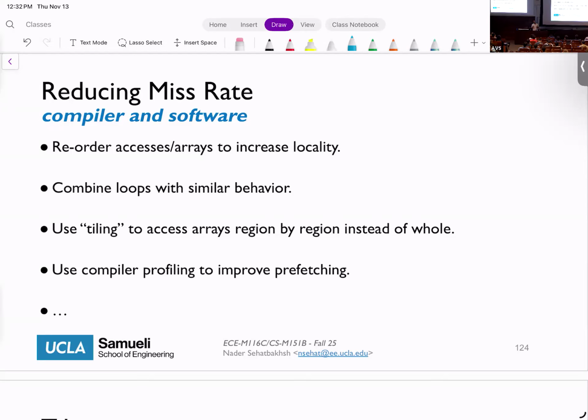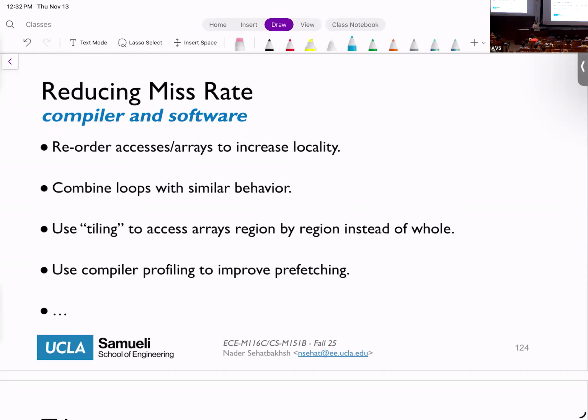The compiler is also used for profiling. Think about it: if I can run the program multiple times, I will know all the addresses, right? So the second time I run the program, if I remember the first time, things run much faster, right? So for programs that are run very frequently in my system, I can have some form of memory to remember the traces and then provide that the next time I run it.